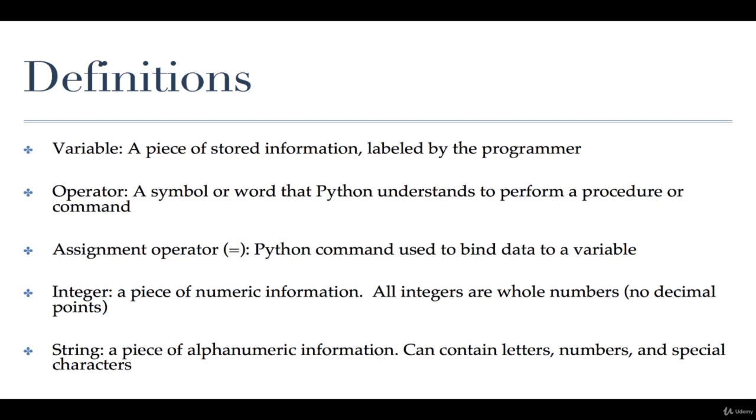Next, what you're going to need to understand is the concept of an operator. Operators are basically symbols in Python that Python understands, and it has a set of processes that it can do with that operator. There are many different types of operators. For instance, arithmetic operators, the plus sign and the minus sign, are operators that Python understands and says, oh, okay, I've encountered a plus sign.